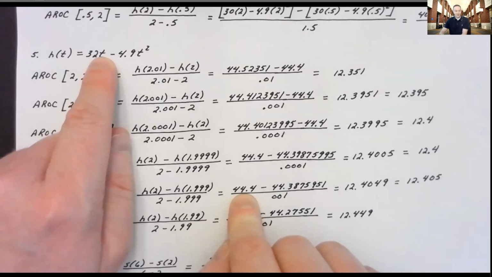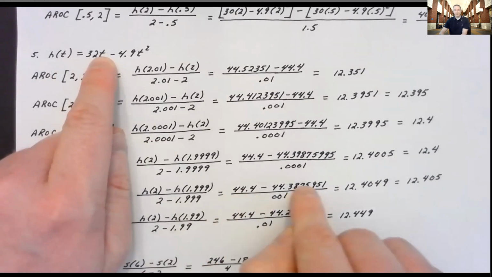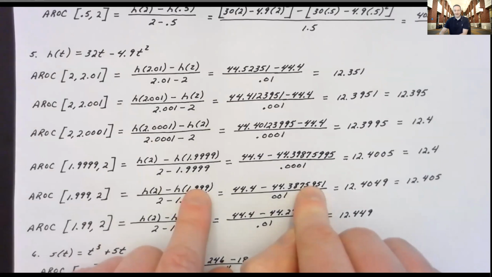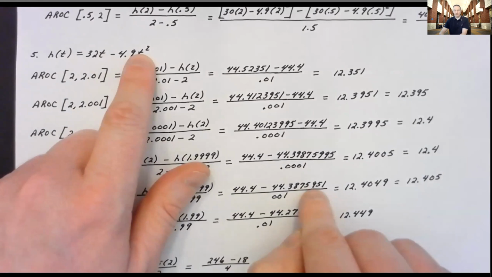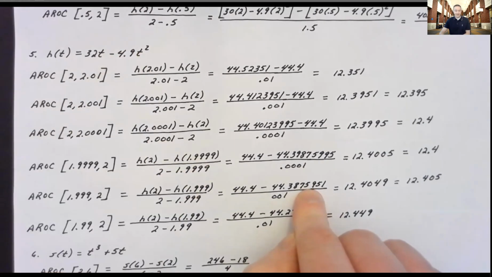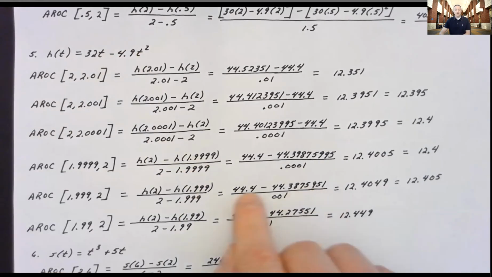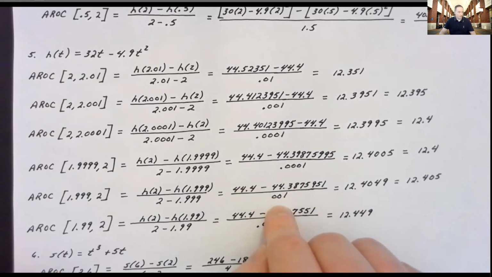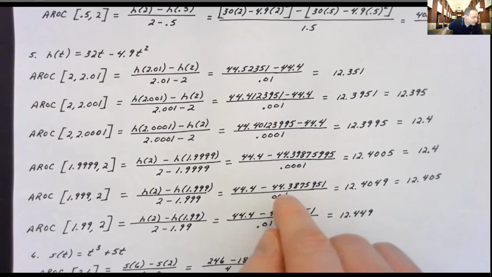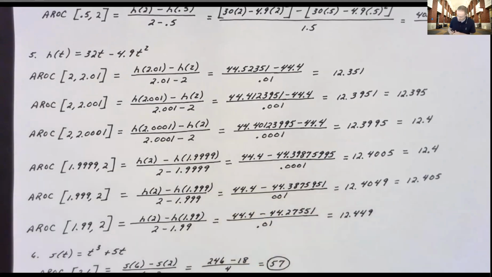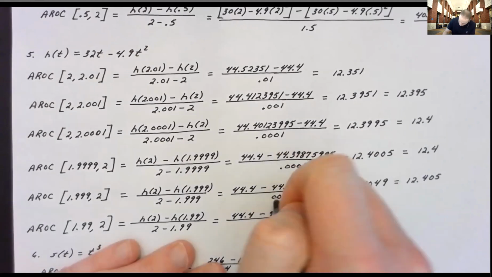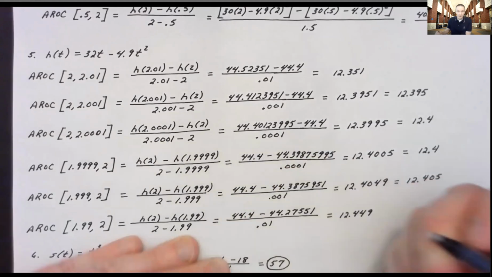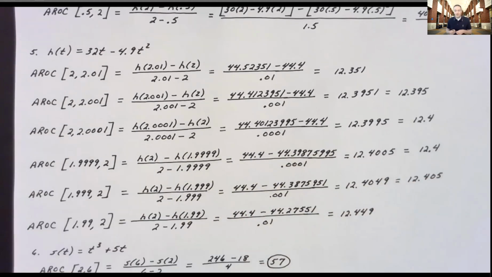We already know that's 44.4. When you plug in the 1.999, where this interval began, we get a position of 44.3875951. You take the difference of that numerator divided by 0.001, and there needs to be a decimal in that denominator. I forgot my decimal.